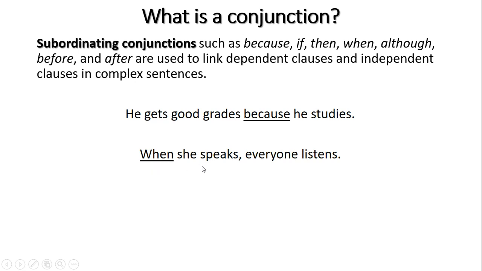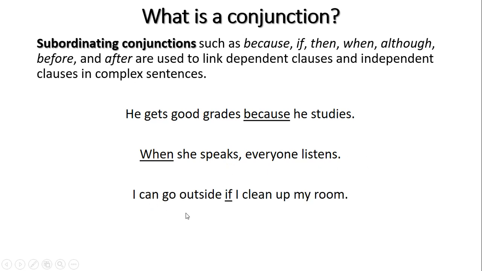If you start a sentence with a dependent clause, you do need to put a comma here to show the separation. Okay, that's the one part that probably trips up a lot of students as we go through this lesson, is they sometimes forget to put that comma there. And that comma is very important. That's telling me the whole first part is a dependent clause. The rest of it's my independent clause.